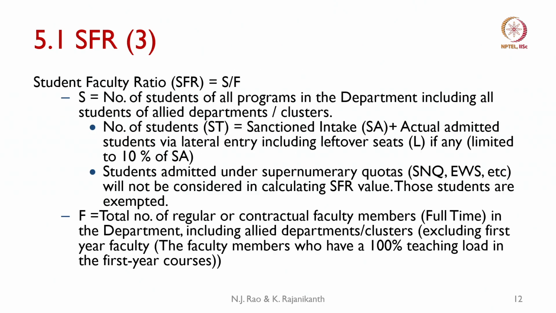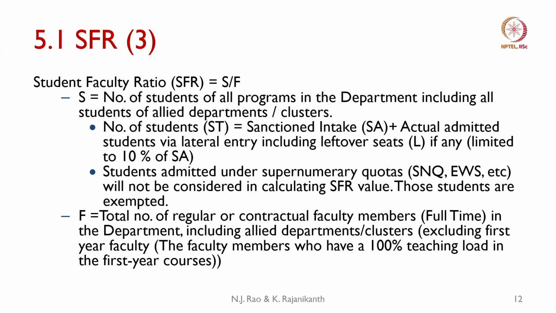Now, the student faculty ratio S by F is calculated as S is the number of students of all programs in the department, including students of allied departments or clusters. So, this number of students ST is calculated as sanctioned intake as per official AICTE approval letters plus actual admitted students via lateral entry.